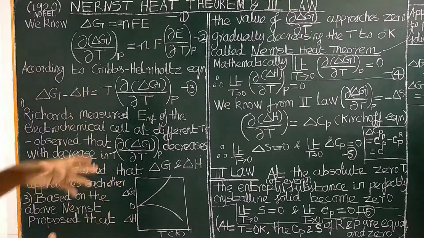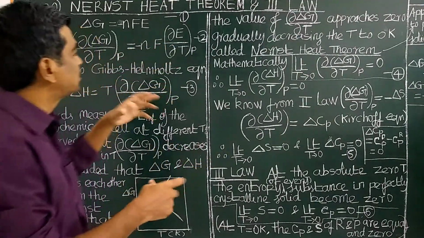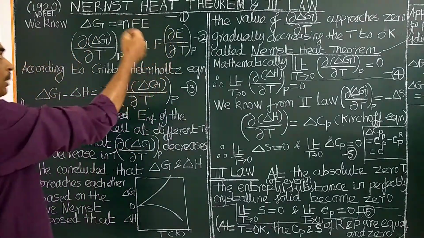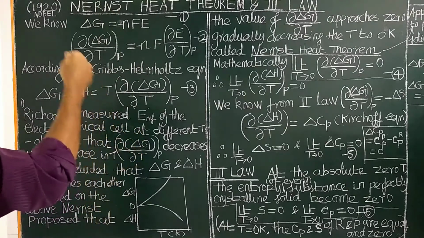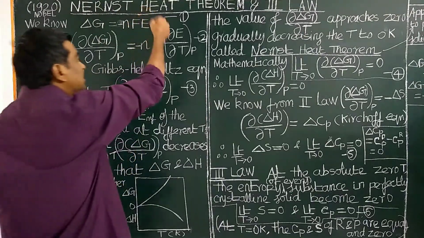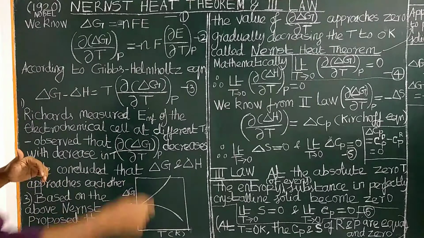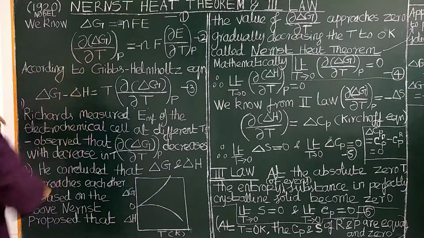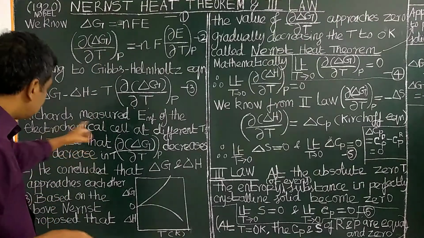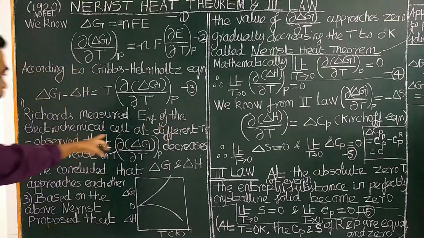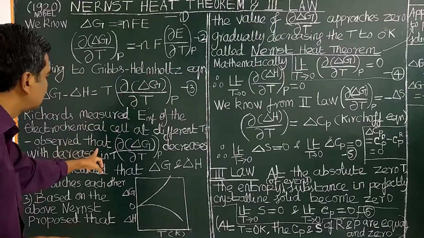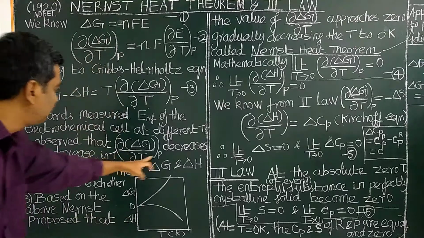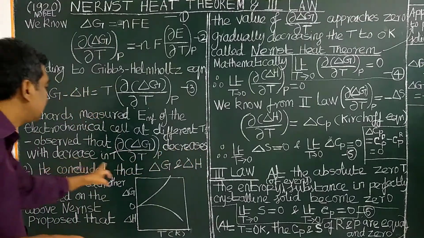Richards measured the EMF of the electrochemical cell at different temperatures, and he found that the EMF of the cell is decreasing. This means dou delta G by dou T at constant pressure also decreases with the decrease in temperature.